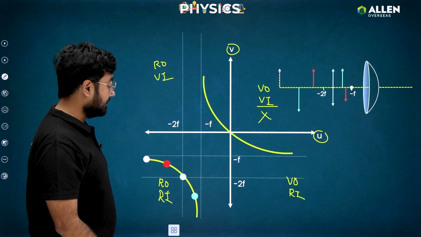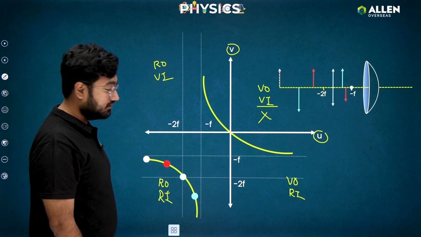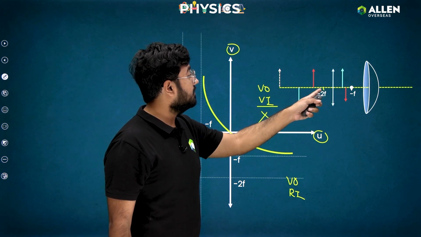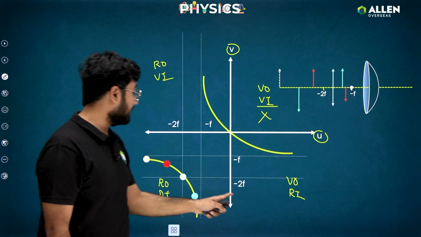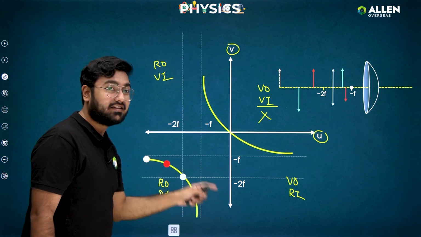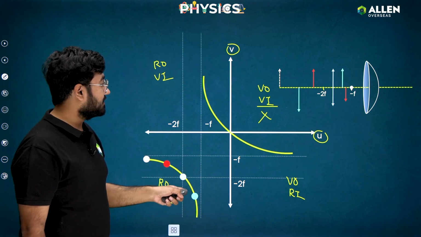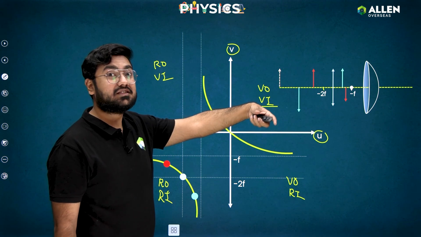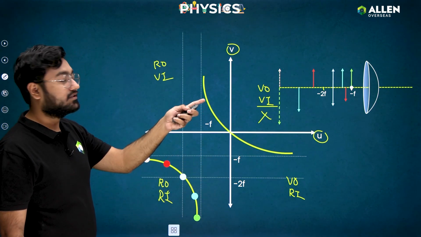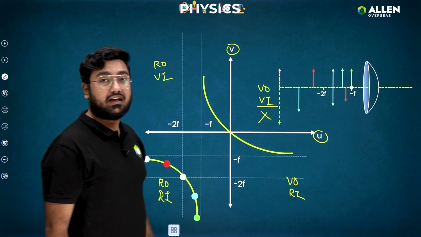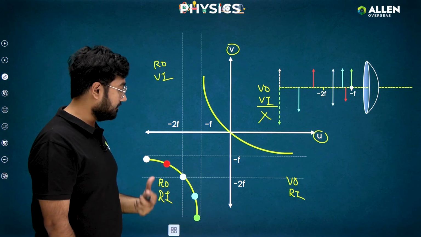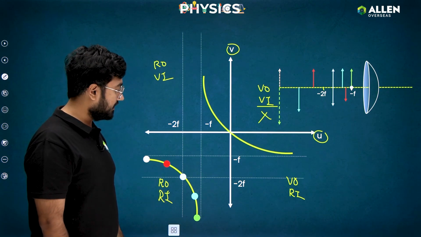Next case, the 2f case. Next case, when the object is between minus 2f and f, this is the object line, this is the image line, and image formation is beyond 2f. And lastly you have f and minus infinity, quite clear.